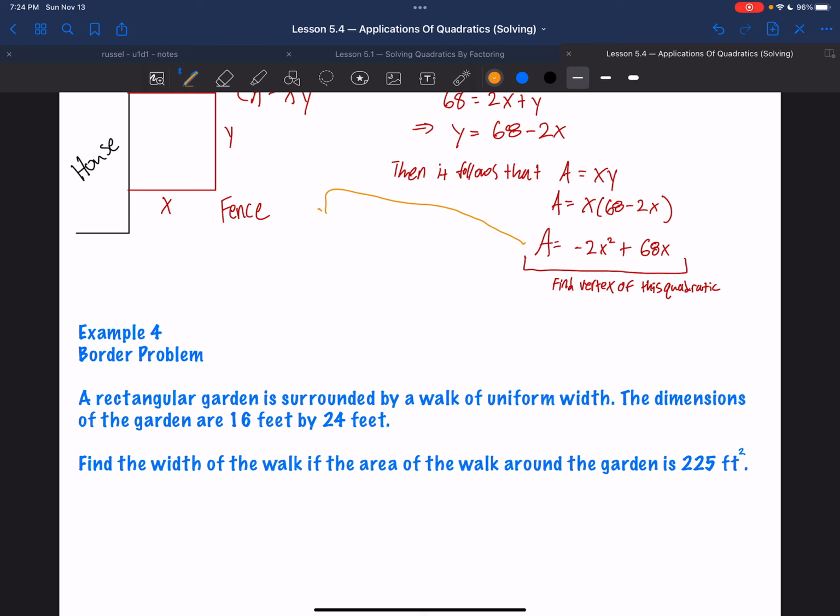I say use x equals negative b over 2a, because that's what I want to do, find the vertex. So negative b will be 68, so that's negative 68 over 2 times a, that's 2 times negative 2. So I really have 68 over 4 here.